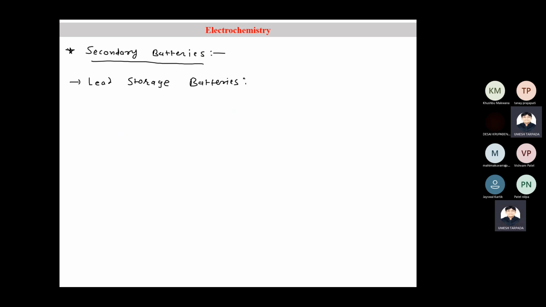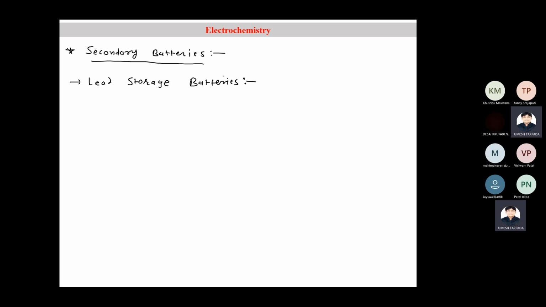So what is the difference between battery and electrochemical cell? A battery is called an electrolytic cell, and an electrochemical cell is nothing but where anode and cathode are taken in different containers. Anode is in a separate container, cathode also in a separate container, and then they undergo oxidation and reduction.